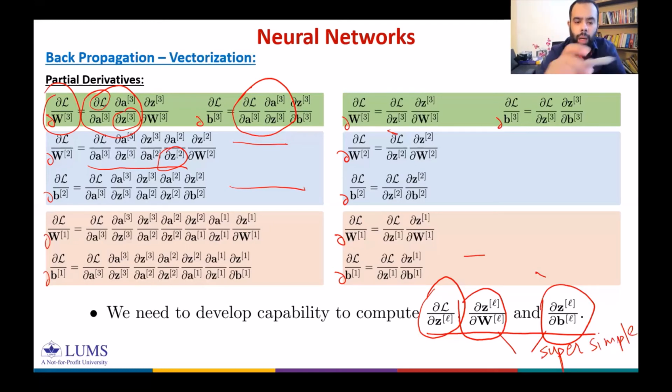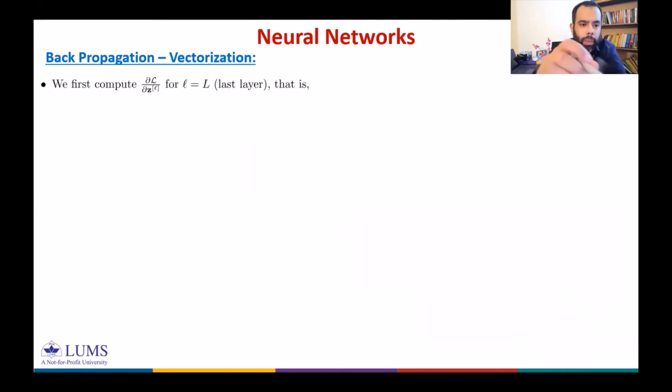Okay, let's see how we compute these three partial derivatives. If we develop the ability to compute these three for every layer, we're done. We can keep on updating weights with these equations. We first compute the partial derivative of the loss function with respect to the pre-activation output.